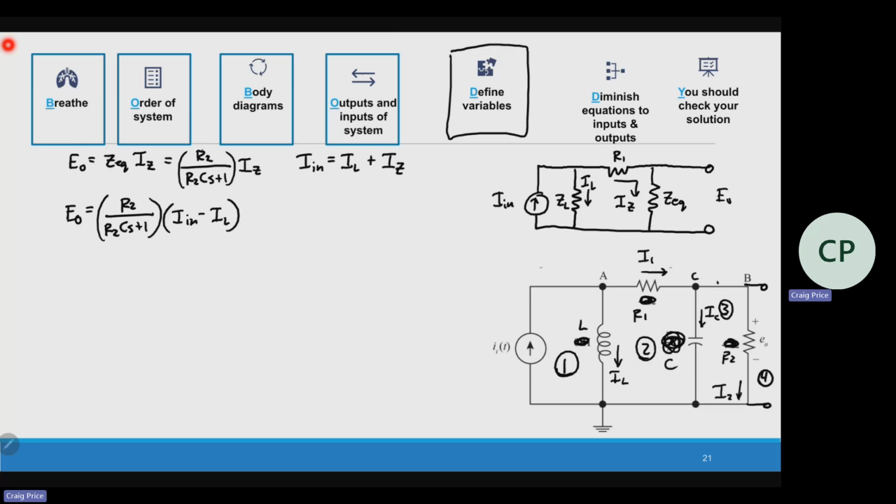Okay, now I need to get rid of that IL. Should I just cross it out and be done with it? Oh wait, no, that's first order, and then there's going to be no L in it. That's not going to work. All right, what is IL equal to?